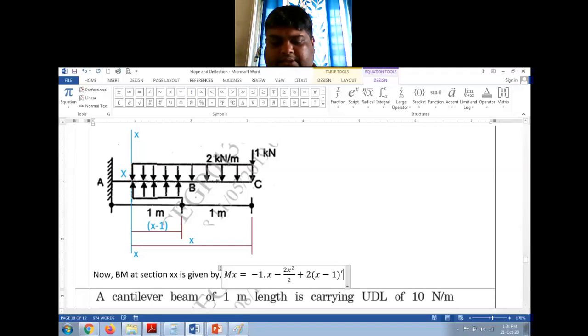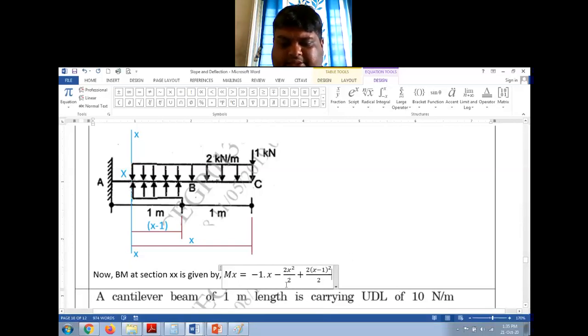So I will make this as (x minus 1) into (x minus 1), so it will become (x minus 1) whole square by 2, right?